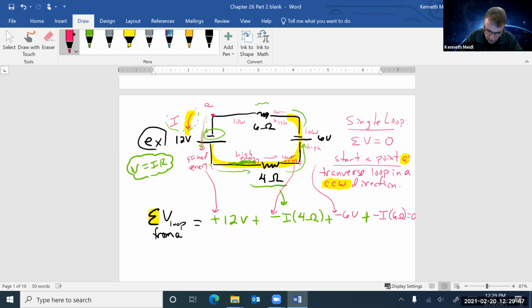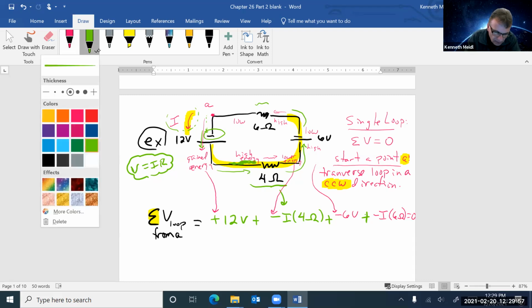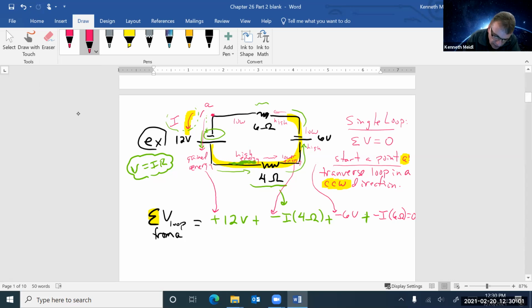And so, before you go any further, it's always worthwhile to check your signs here. Okay. So I'm going to do that right now. Make sure that these signs make sense. I'm going to start at A, and when I come across this battery, I'm going from low energy to high energy. Okay, increasing energy, I've got a plus sign. And as I come across this resistor, I'm going from high energy to low, so I lost energy.